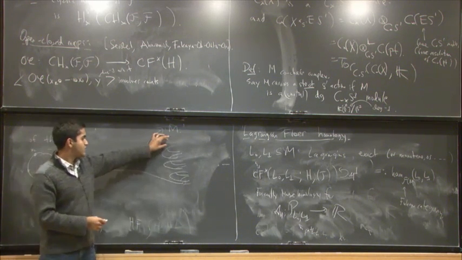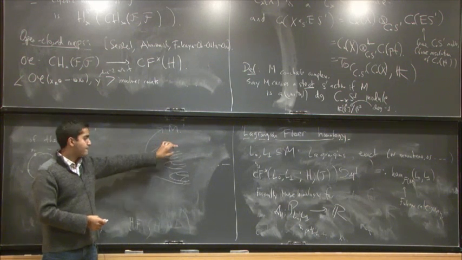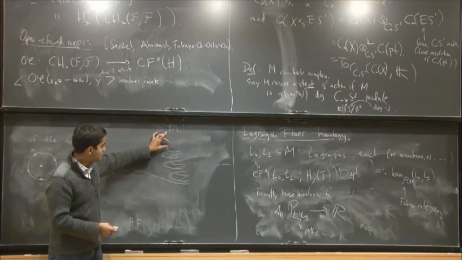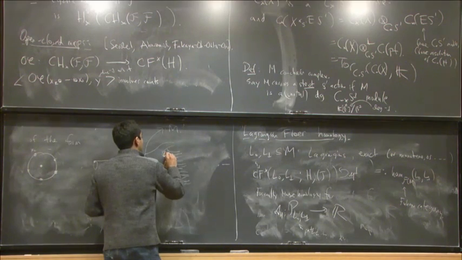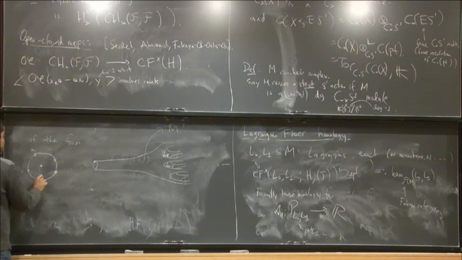Okay, so near one of these strips, it's going to solve Floer's equation for the action function on the path space between some given Lagrangians that we specify these boundary components to map to.